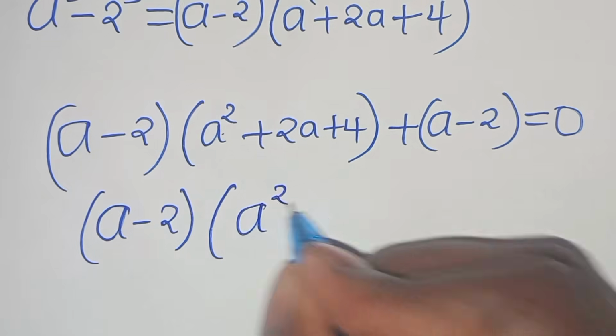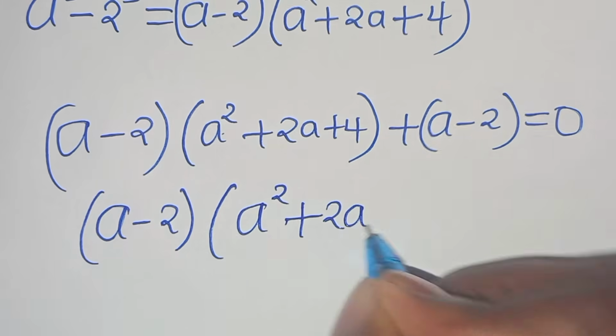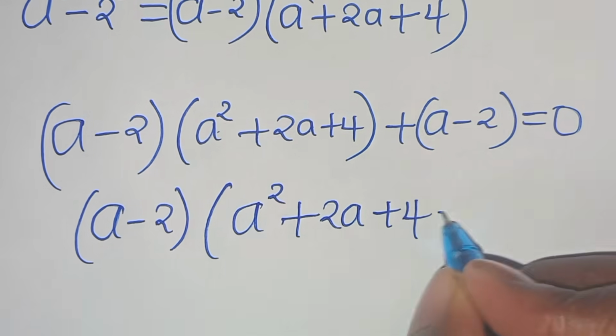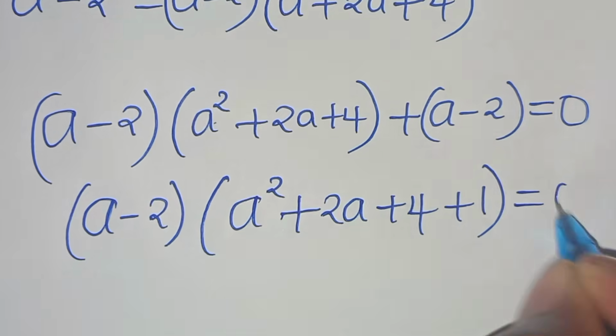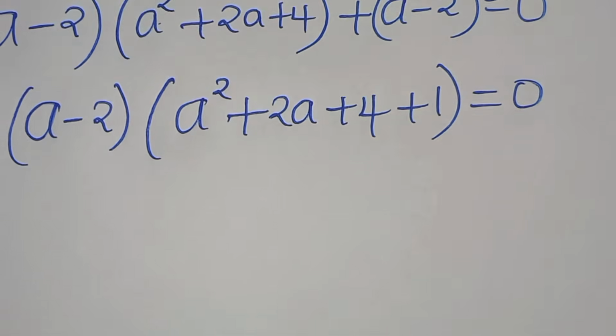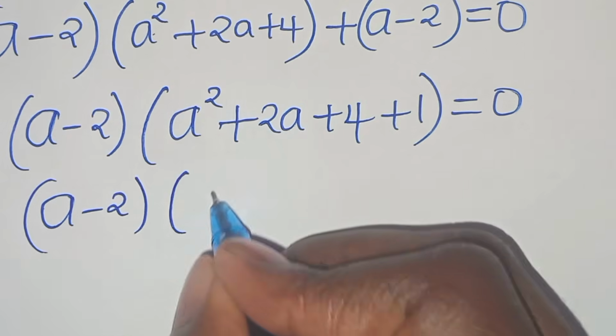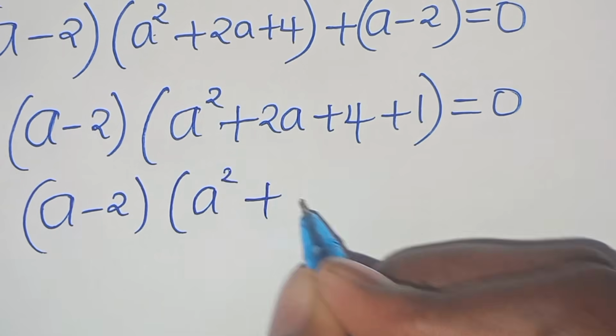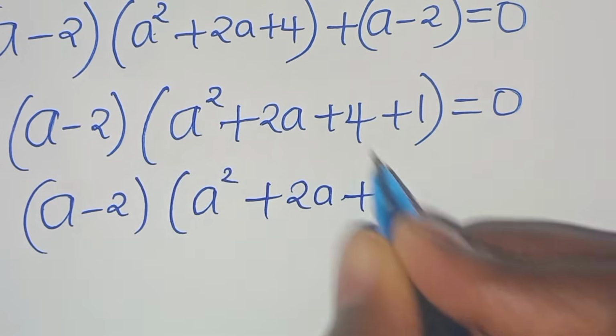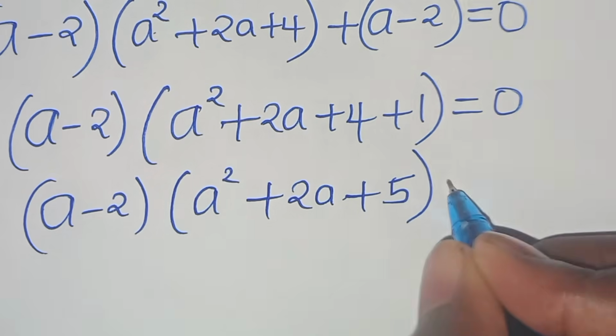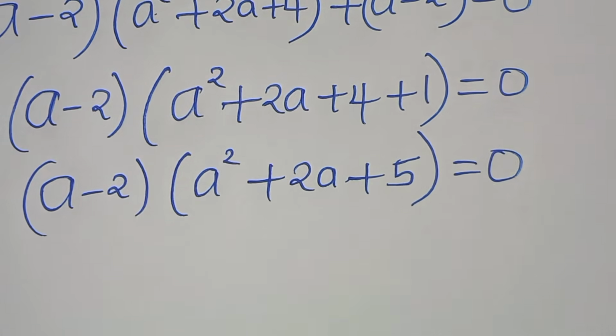This is a to the power of 2 plus 2a plus 4, then plus 1, equal to 0. So this is a subtract 2, and here we have a to the power of 2 plus 2a, then plus 4 plus 1, which is 5, and this is equal to 0.